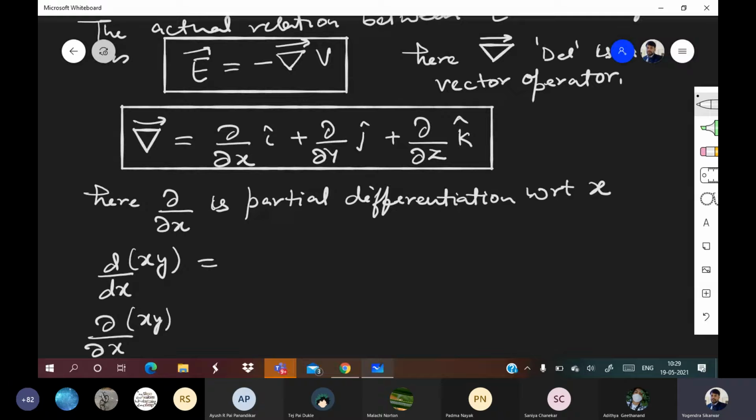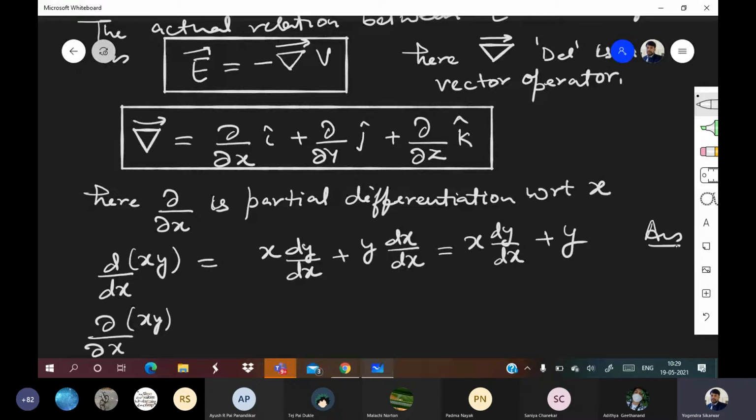So d by dx of xy will be x into dy by dx plus y into dx by dx, that is x into dy by dx plus y. This will be your answer in the first case.